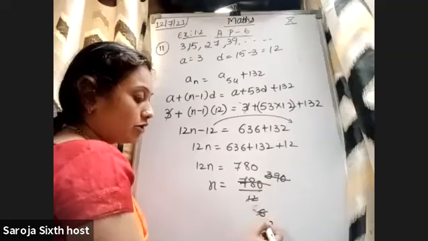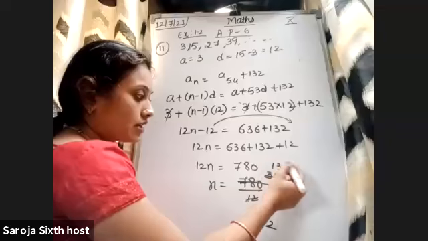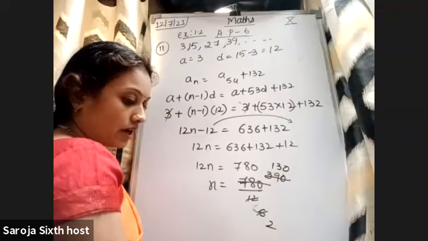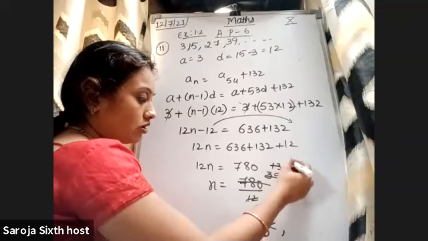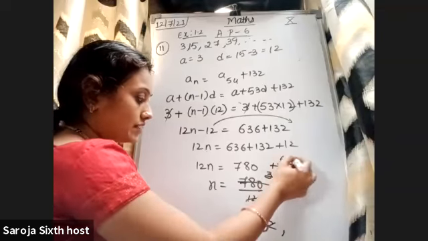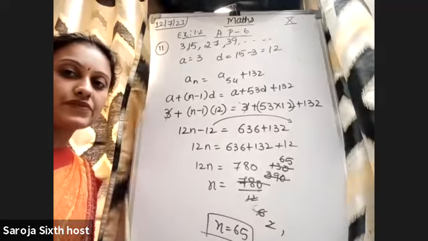Yes, ma'am. Then divide by 3. 3 twos are 6, 3 ones are 3, 3 threes are 9, here 0. Again, 2 ones are 2, 2 sixes are 12, 2 fives are 10. So it is equal to 65. The n value is equal to 65.